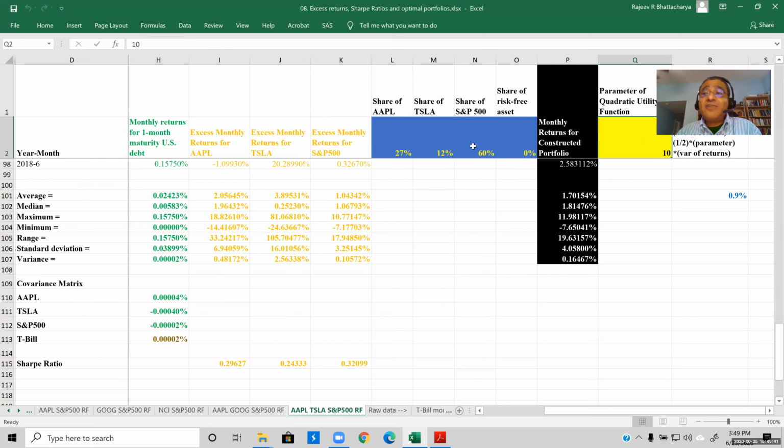The S&P 500 has lower volatility than either of these securities, so you have a large portion of your money in the market index. Tesla, which is quite volatile, but does have a higher excess return. So your optimal portfolio is to give it 12%. Apple is 27%. And the risk-free asset, you get 0%. Why is that? Once again, because of the covariances.